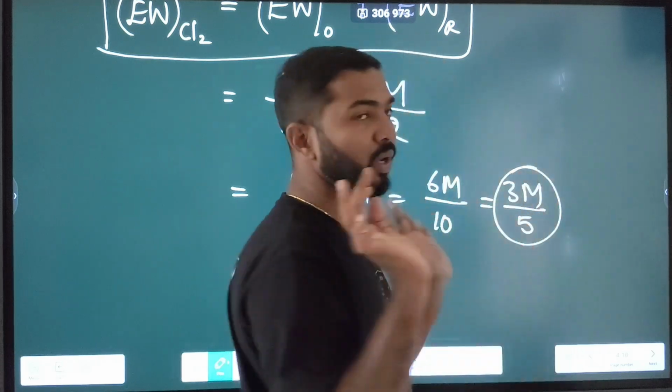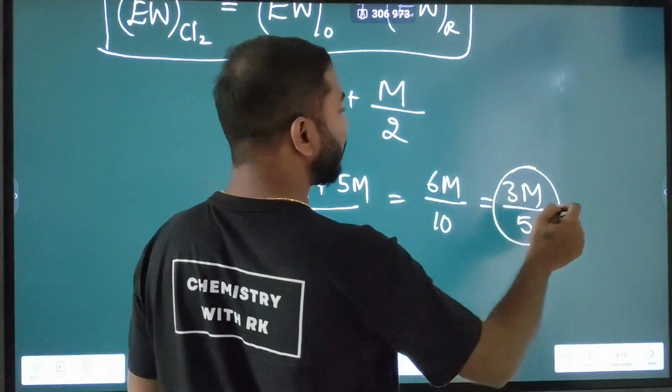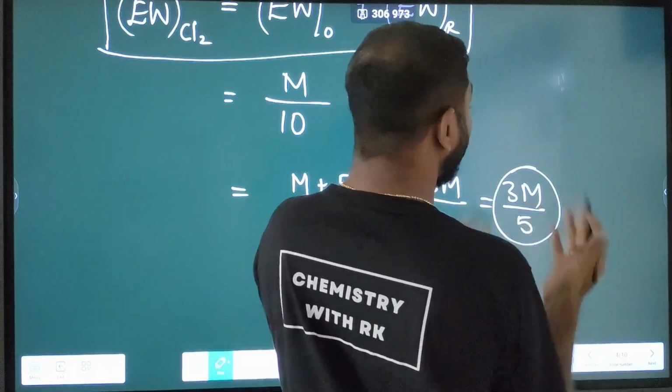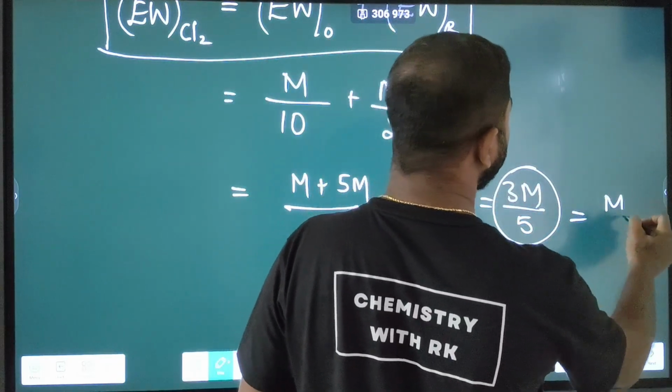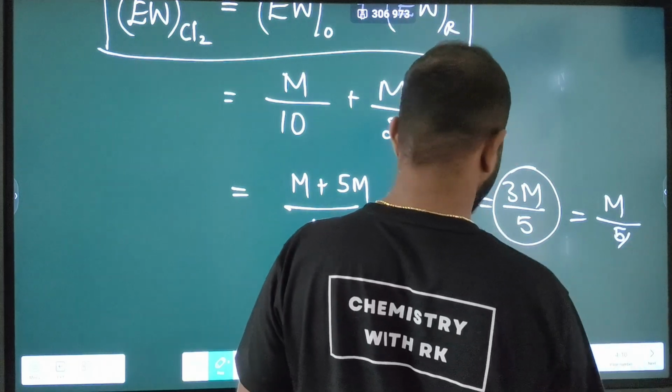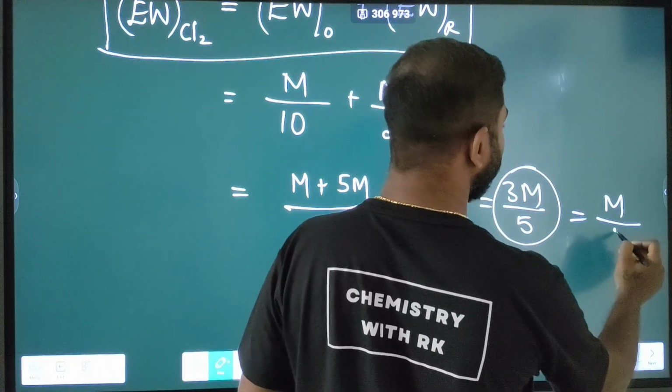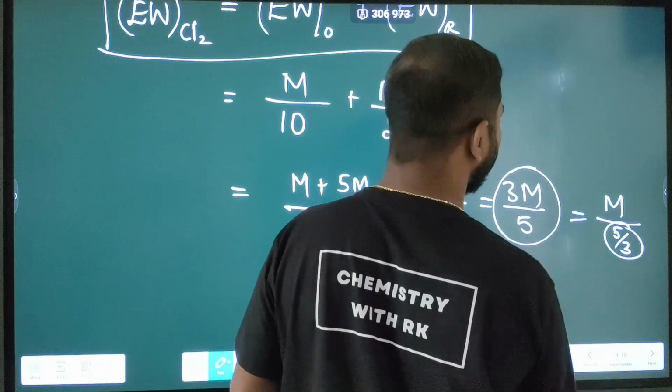This is the equivalent weight. Hope it is clear. And if you want to know the overall n factor for this particular reaction, that's going to be m by 5 by 3. Okay, m by 5 by 3. Hope it is clear.